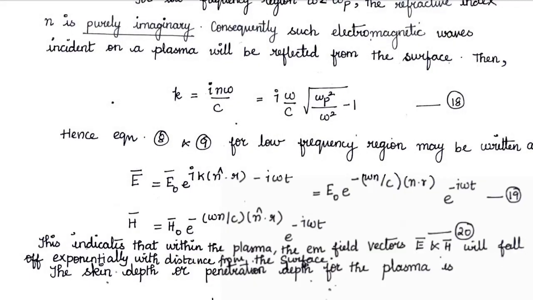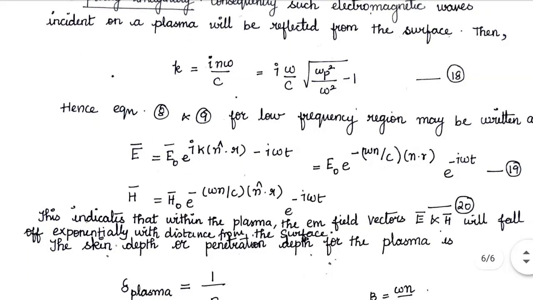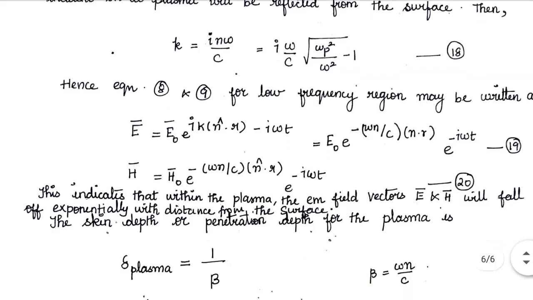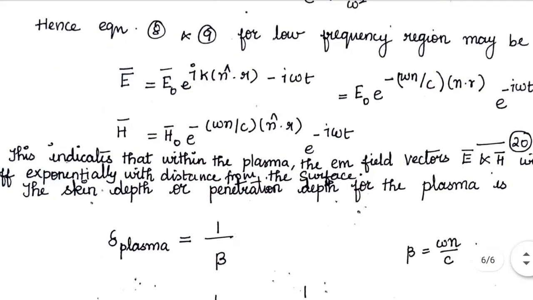E equal to E naught e power i k vector dot r vector minus i omega t. In place of k, we can write i omega n by c. So we get e power minus omega n by c into r, e power minus i omega t. In the same way, you can write for the H vector also.